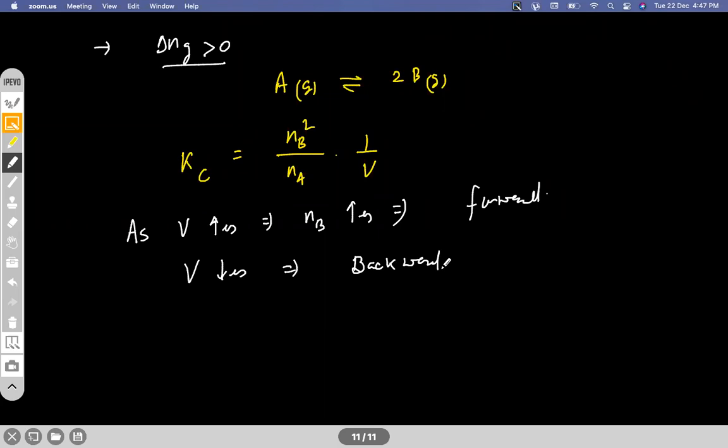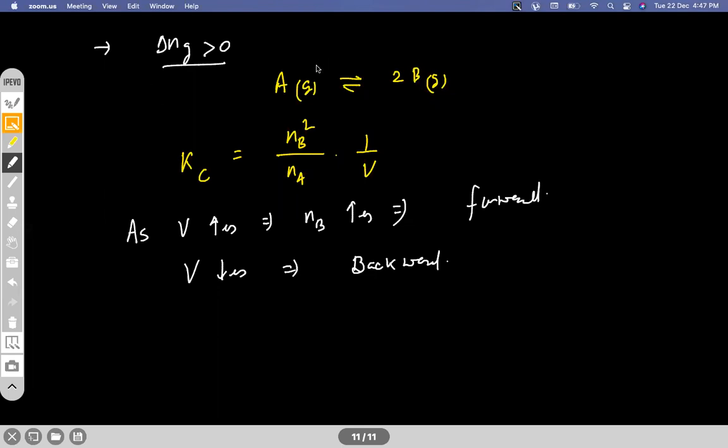Okay, next write down delta Ng less than 0. To increase nB, the number of moles of B increases, no?